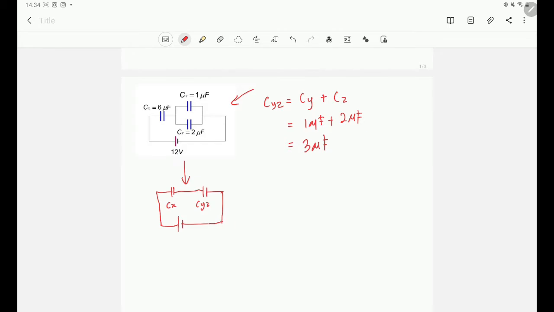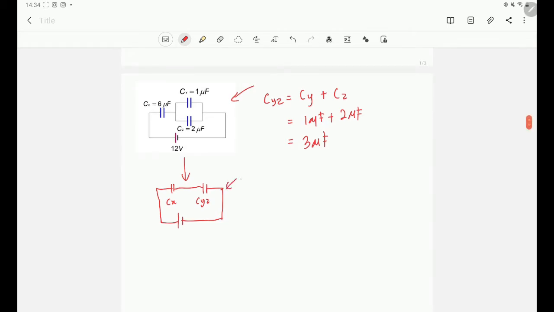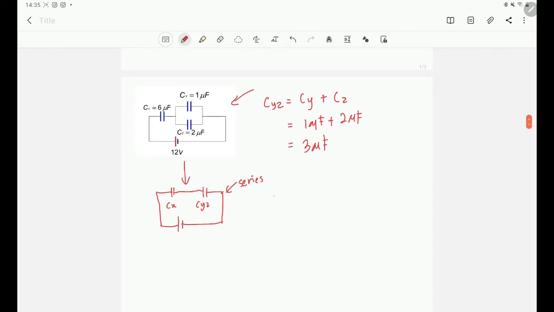Like that. So CX and CYZ is a series. So this one is series. Okay, so we can find the C effective. So 1 over C effective is equals to 1 over CX plus 1 over CYZ.